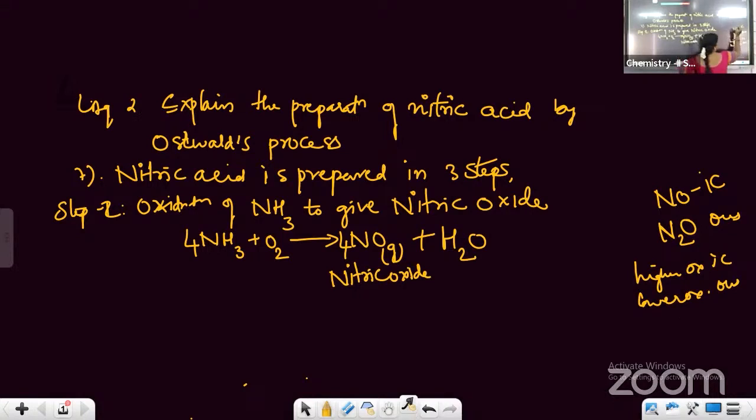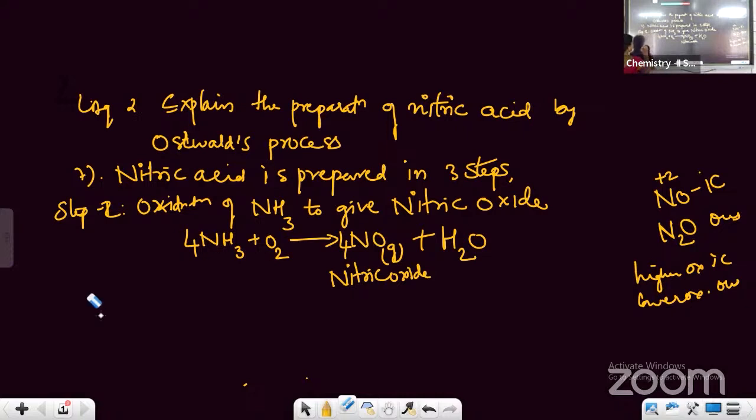Here it is +2 oxidation state, here it is +1. So it is the higher oxidation state +2, therefore it ends with ic. Whereas this is the lower oxidation state, so therefore it ends with ous. So ammonia on oxidation gives nitric oxide plus water.